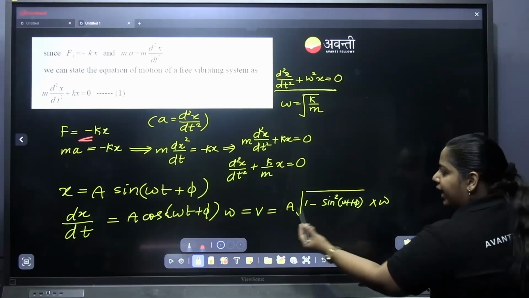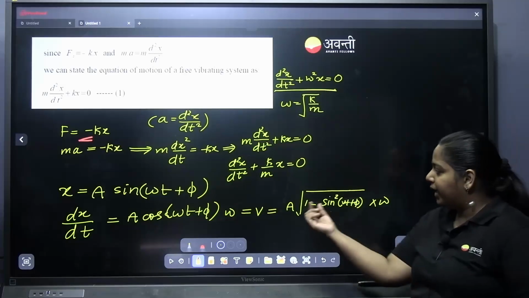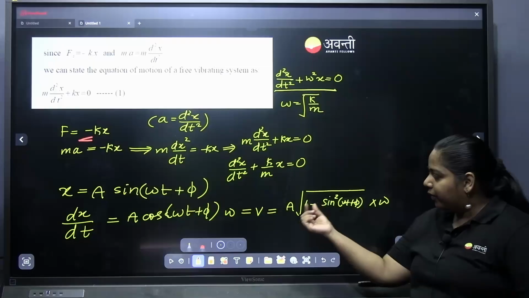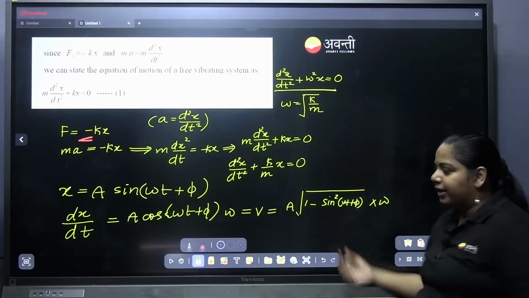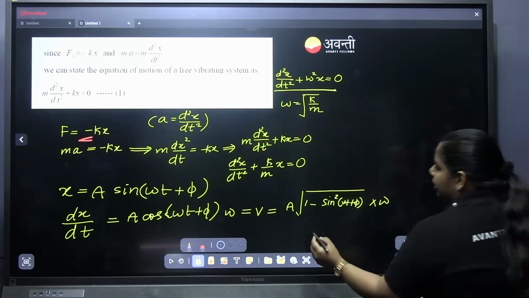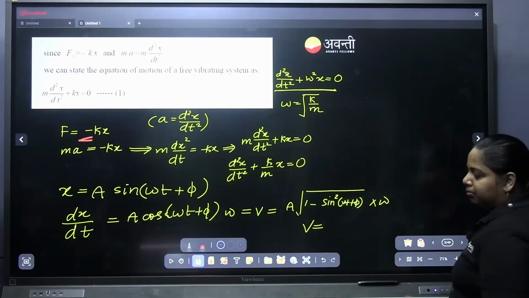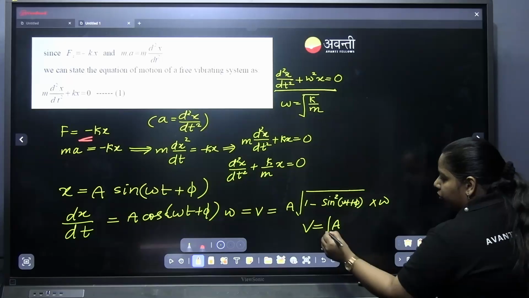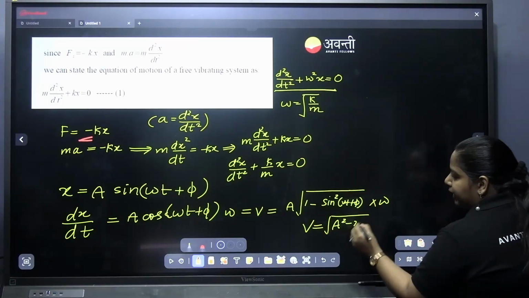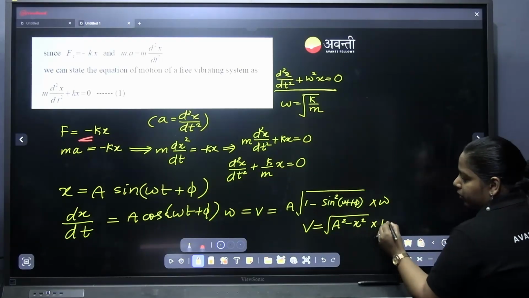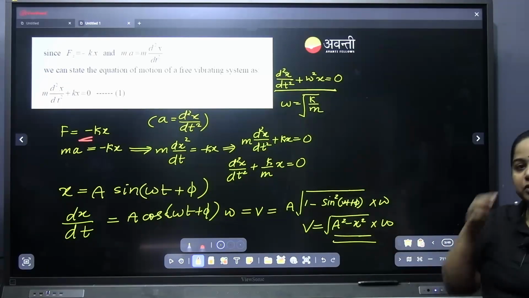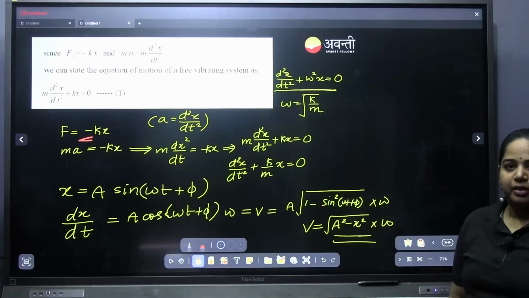Now if I take a inside the square root, it will be a square minus a square sine square omega t. So a square minus x square, that's how we get the formula: velocity of SHM equal to root of a square minus x square into omega. This is the formula for velocity of SHM.